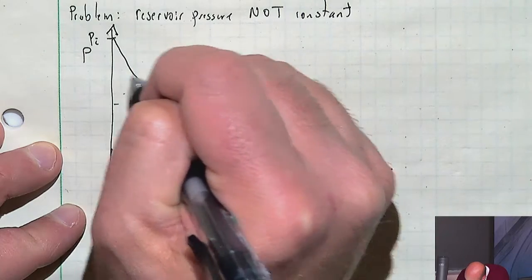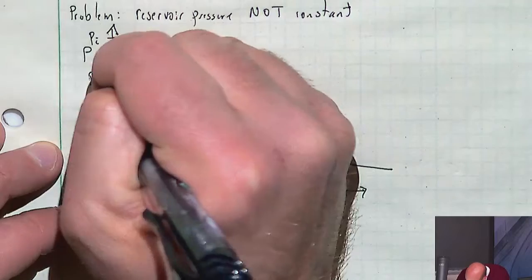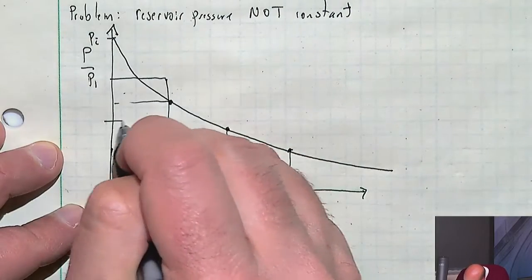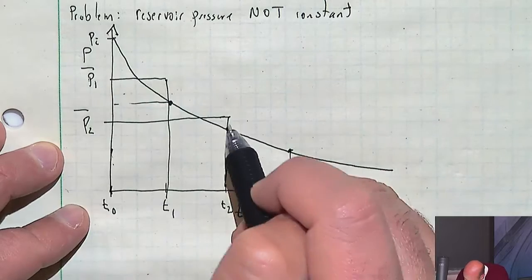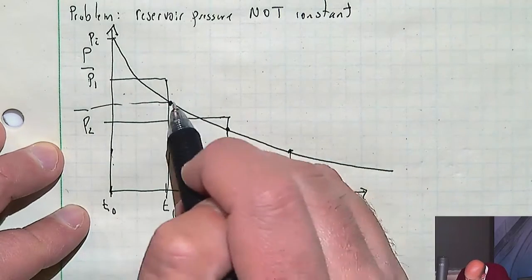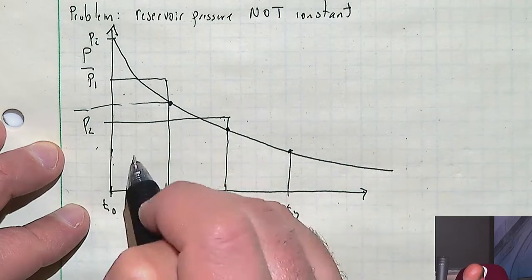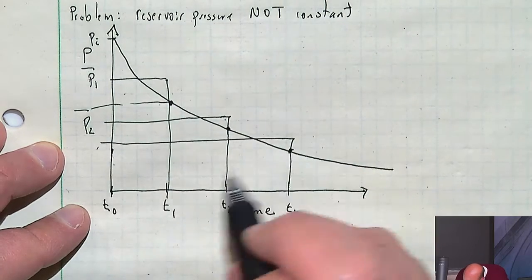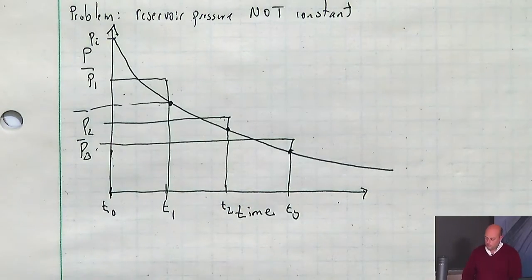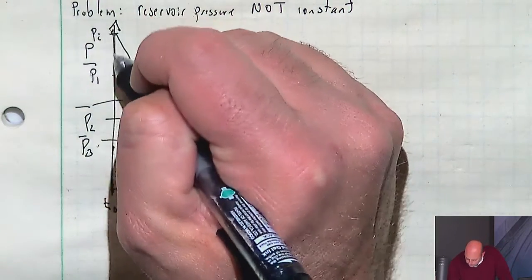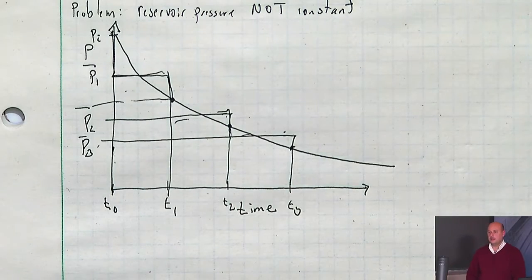So we'll do a little average. We'll call that P1 bar. And then over here, you have an average, which is P2 bar. So it's somewhere in between P1 and P2, and then P3 bar is an average here.